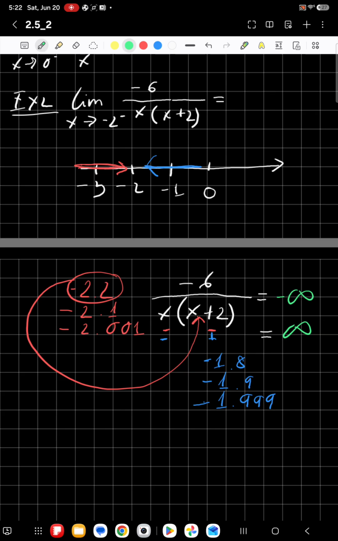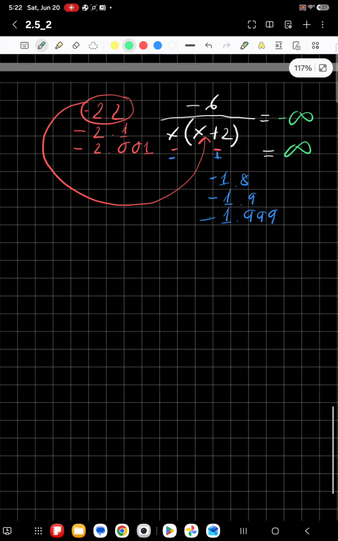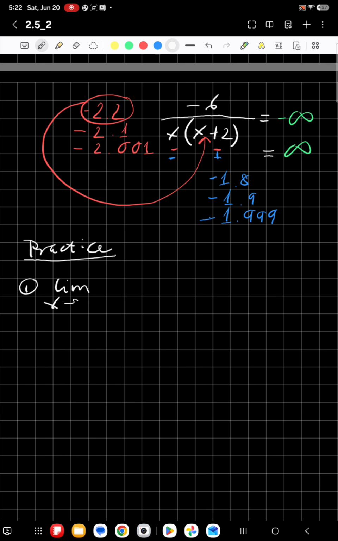Let me give you a couple of problems, and we'll be done with this section. So practice. First one: limit as x approaches 4, from both the right and left, and the function is (x minus 5) over (x minus 4) squared.